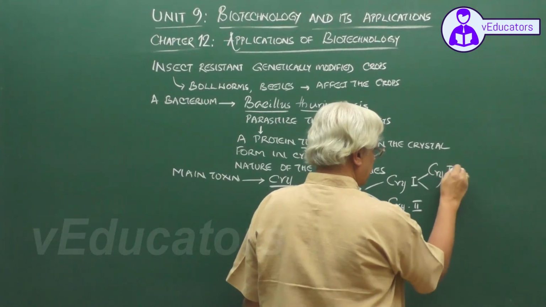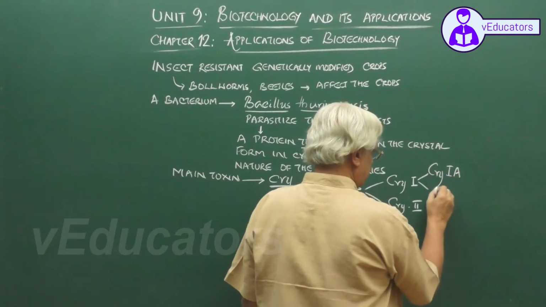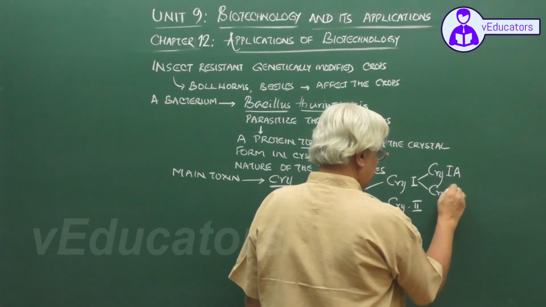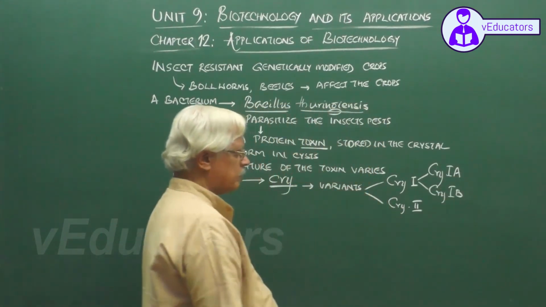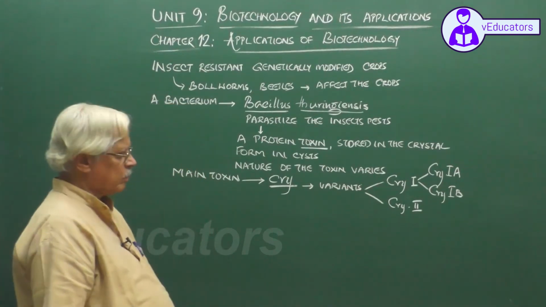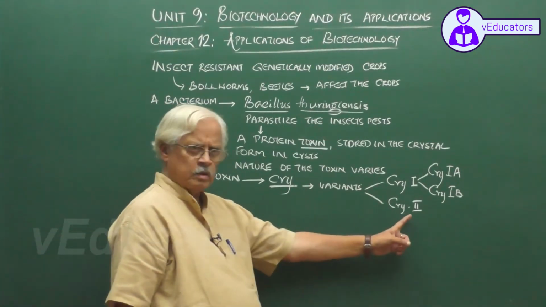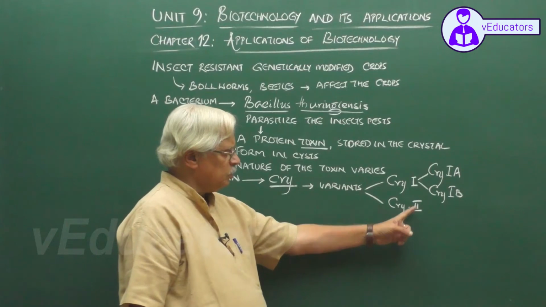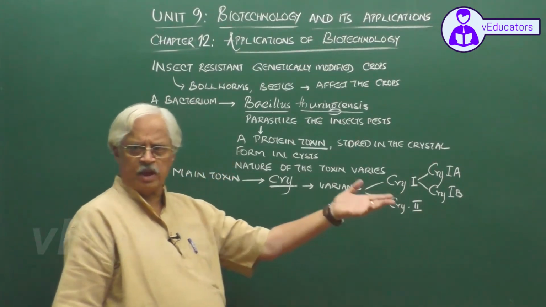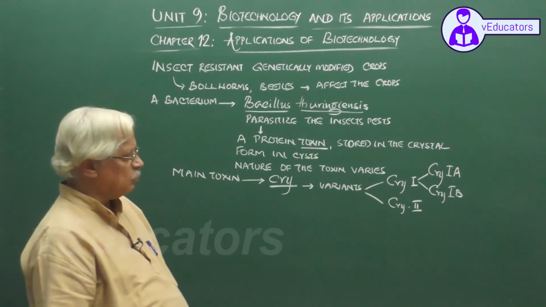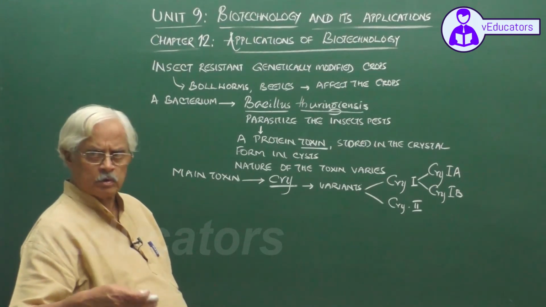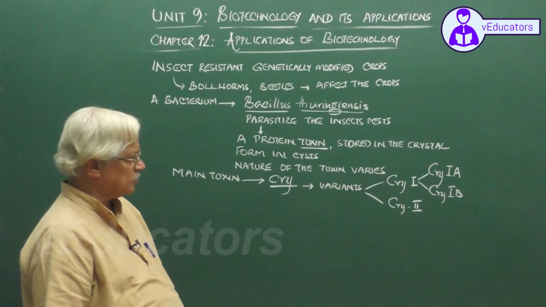Cry 1A, Cry 1B. Similarly, in Cry 2 also there are variants like Cry 2A, Cry 2B, Cry 2C, and so on, depending on the insect host.